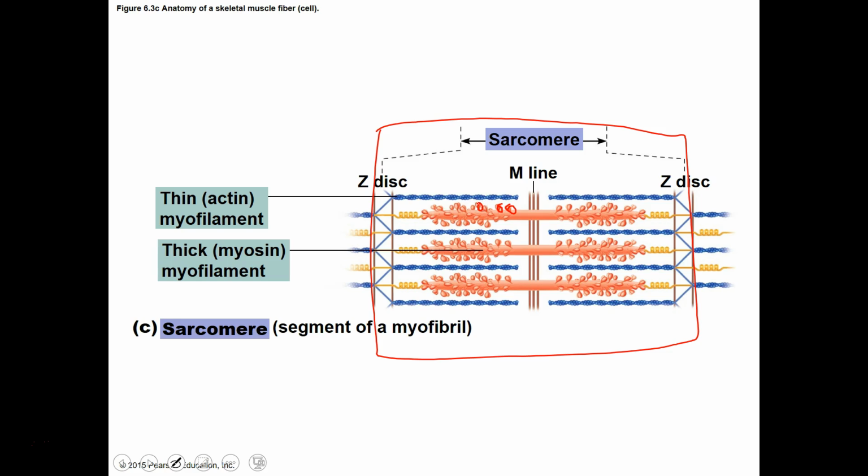You can see those little myosin heads on top of the thick filament, and then the thin ones is the actin. So these are actin, and these are myosin. And these doggone things interact with each other like nobody's business.